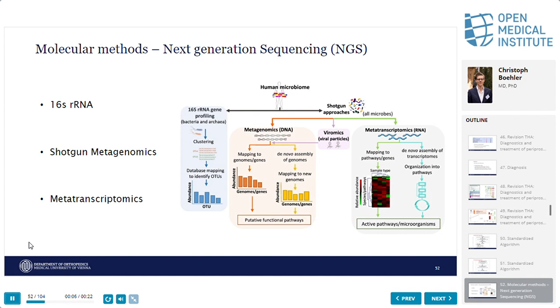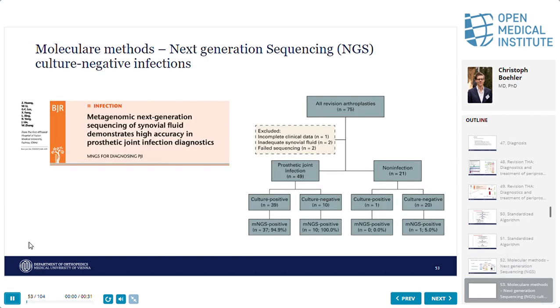Next generation sequencing, we are not using it, but so that you have heard about it. This is the next thing, where you look for direct DNA or RNA. You look for that in the aspiration, and this really helps in the culture negative infections.